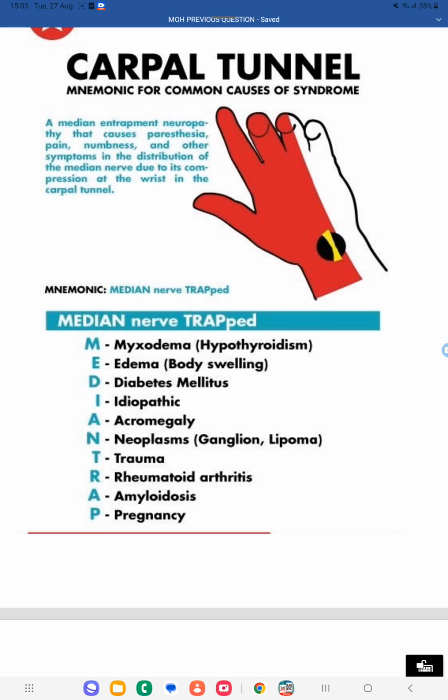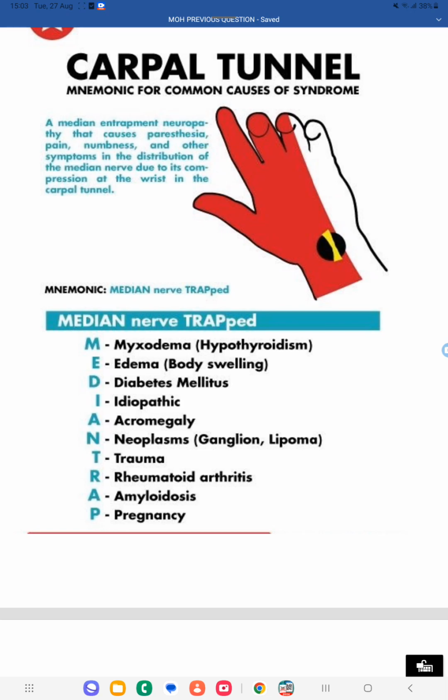T stands for trauma, R stands for rheumatoid arthritis. Those suffering with rheumatoid arthritis can get carpal tunnel syndrome. A stands for amyloidosis, an abnormal protein, amyloid. If that gets deposited in the carpal tunnel, you can get median nerve compression, and it results in carpal tunnel syndrome.